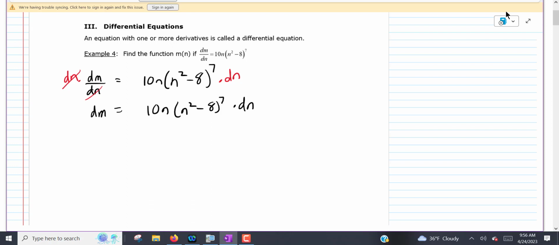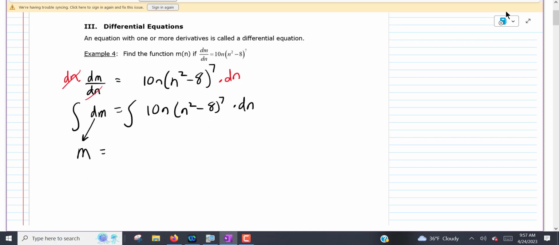See, I've given you a derivative, so you have to do the antiderivative of both sides. And again, that's what the integral does, it tells you to get an antiderivative, okay? What do you suspect the antiderivative of dm is? M, okay? Because when you take the derivative of m, you get dm, right? Okay, we're working backwards, okay?